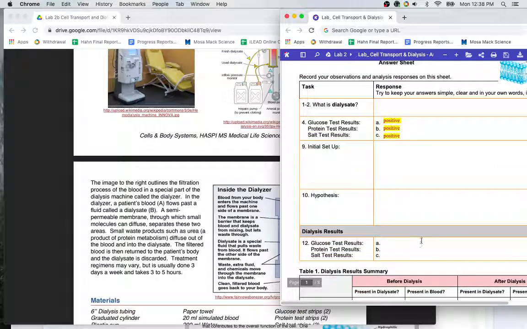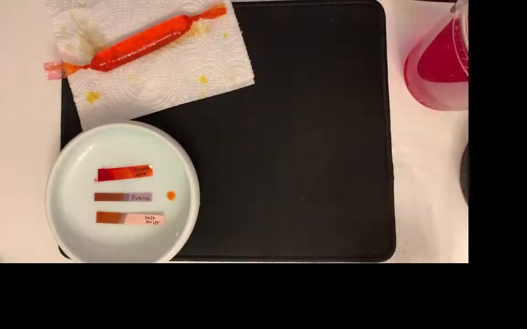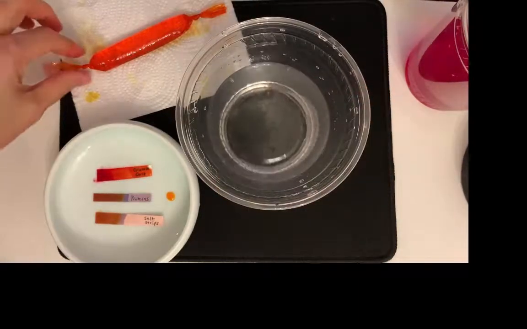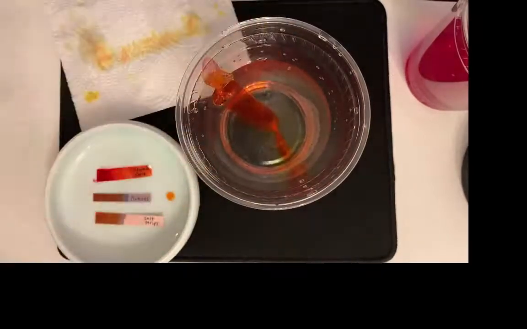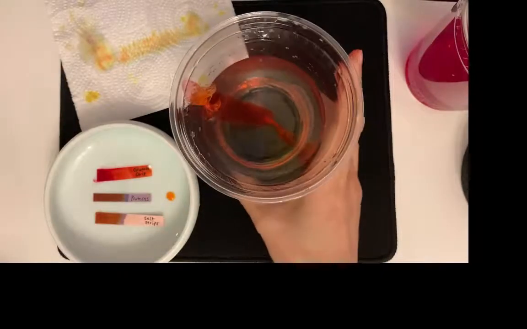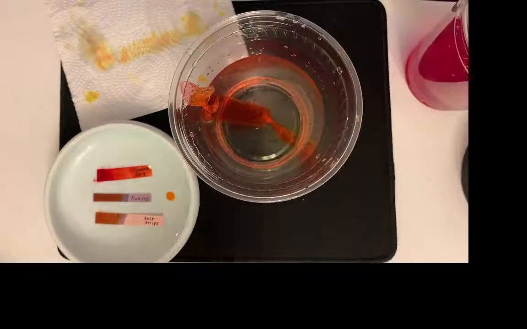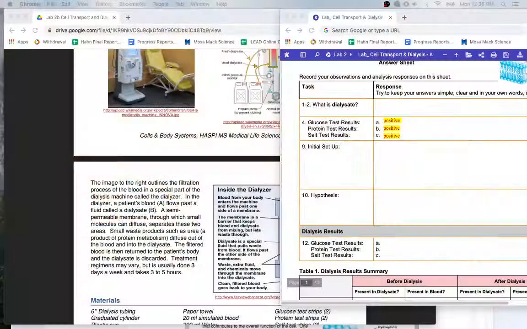Okay, and then our initial setup is going to be this is our dialysate, and we're going to put our blood, which is in the bag, in there.